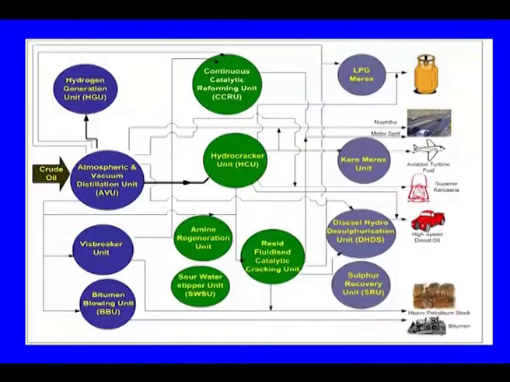So this is a typical refinery and the products, and this is just a summary of the refining process, which we will be discussing again in detail, but it is the crude oil which we are getting. So one more step is there before the crude oil comes to the refinery: the processing of the crude oil after the drilling.